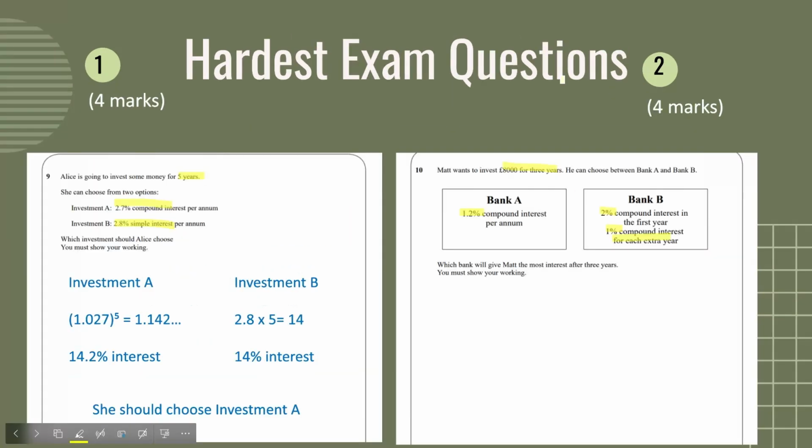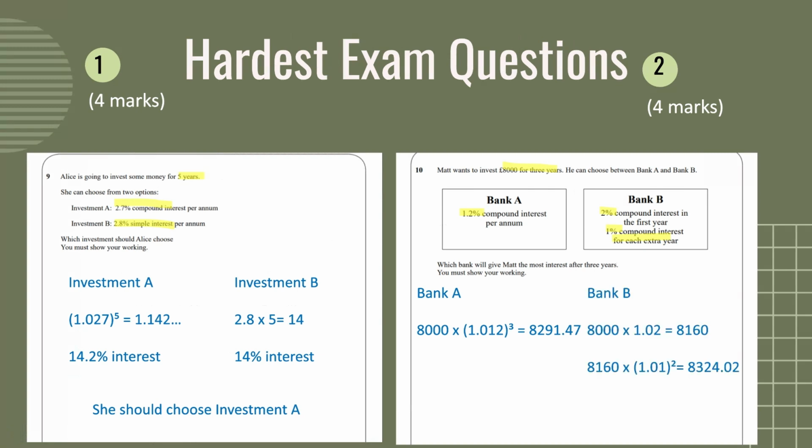So, Bank A pays 1.2% compound interest per annum. 8,000 times 1.012 to the power of 3 equals £8,291.47. Bank B paid 2% for the first year, giving us £8,160.